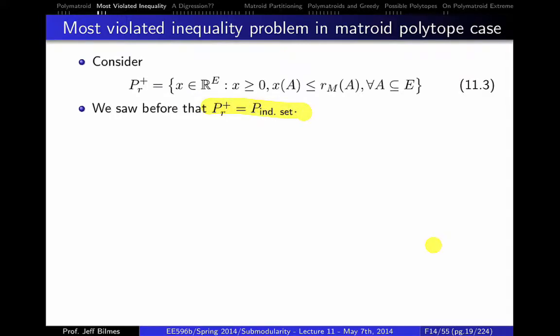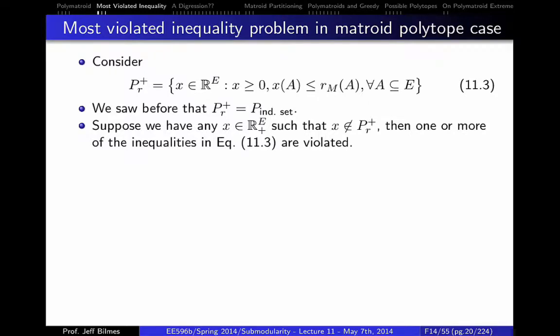And we saw that those two polytopes were the same, namely the convex hull of the incidence vectors and the P_r plus. So if we've got some x that's not in this polytope, okay, so we've got an x which is in the non-negative orthant and it's not in the polytope.